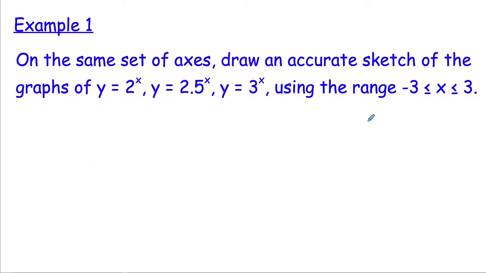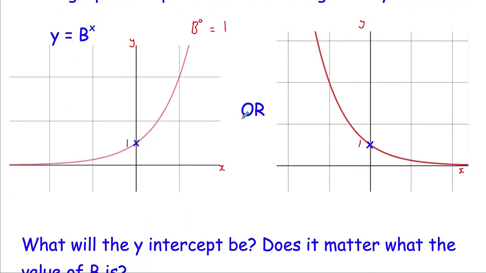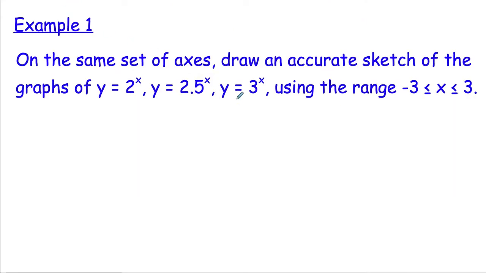So the next thing we need to talk about is how different exponential graphs will look compared to each other. And when we draw exponential functions, we need to consider the negative values as well as the positive values of x. I've suggested a range of -3 to 3 for this.